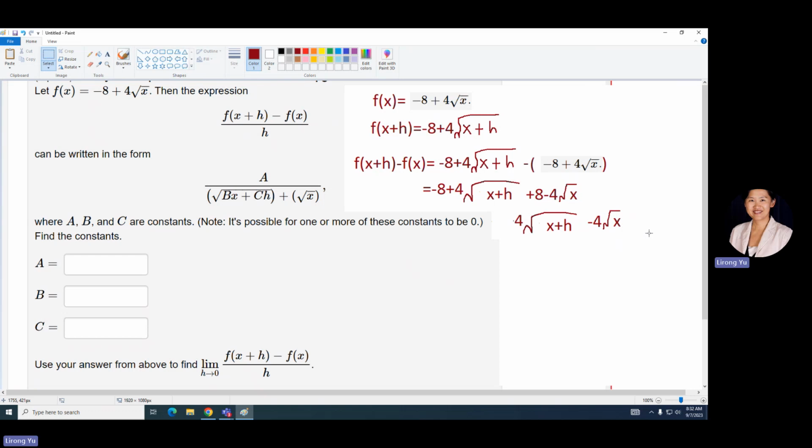So now let's work out the division, this entire division. That is equal to this numerator divided by the denominator.